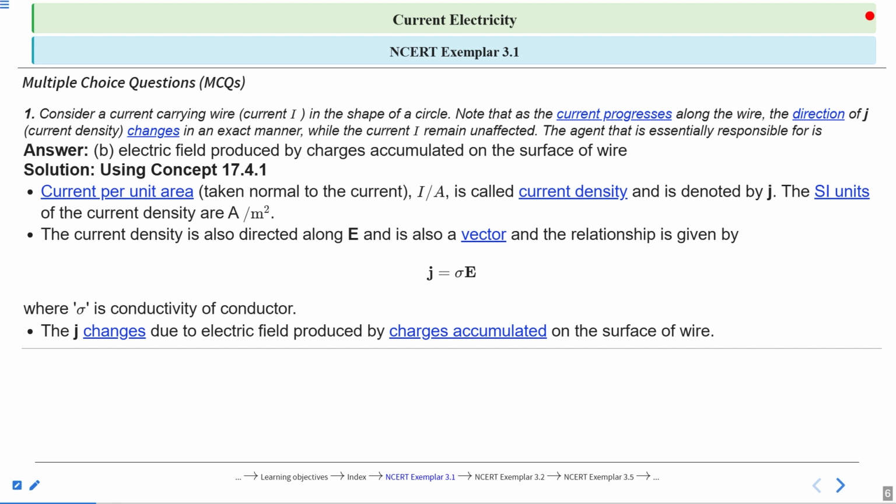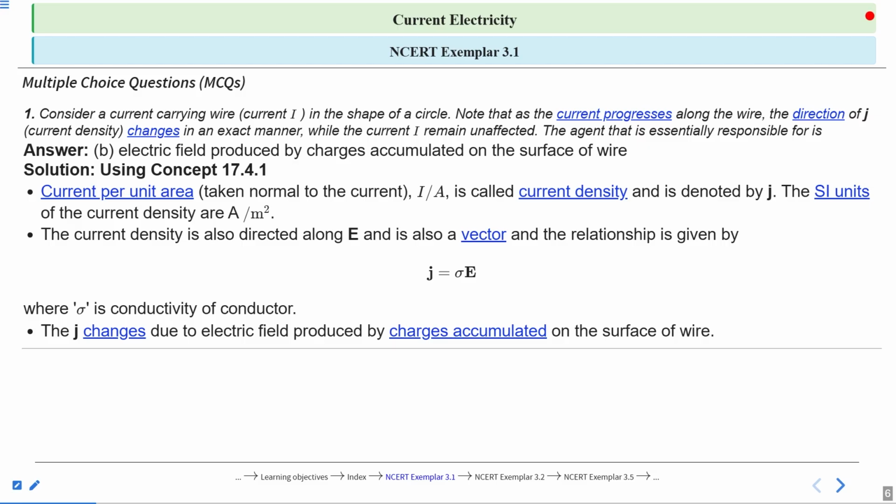Due to this imbalance, some charges get accumulated on the surface of wire, due to which a local electric field is generated, which results in a change in the direction of current and in current density.